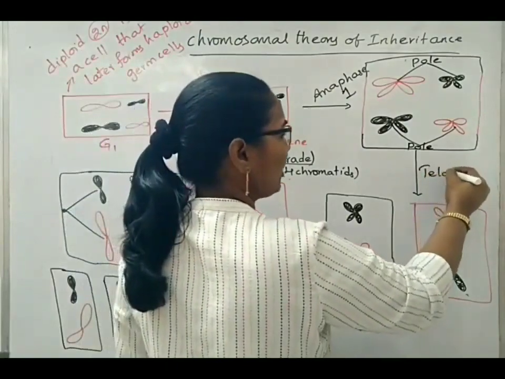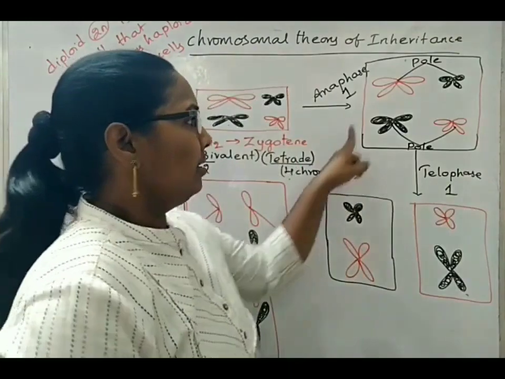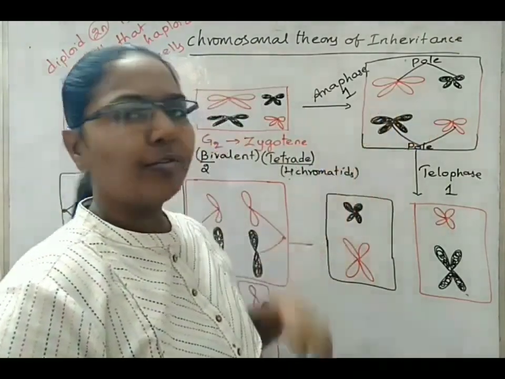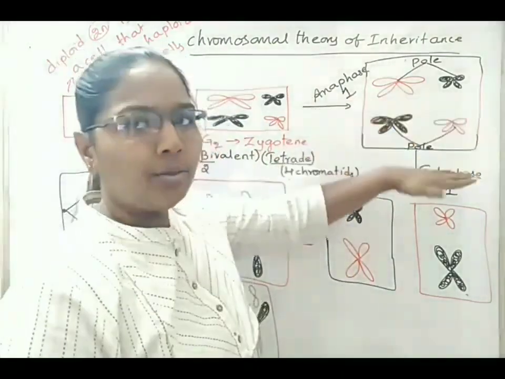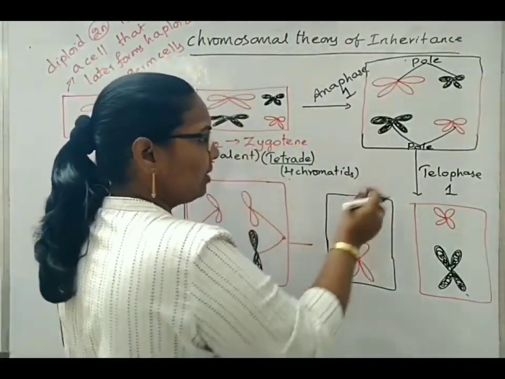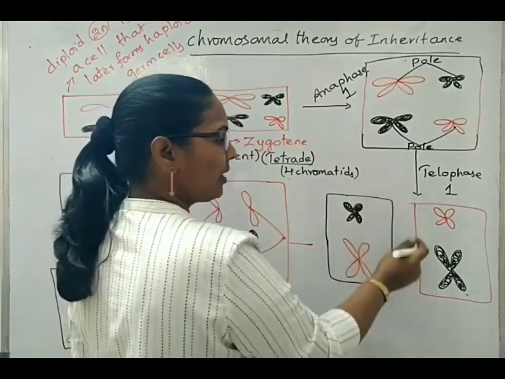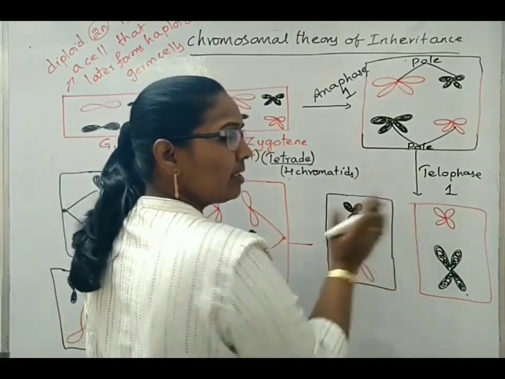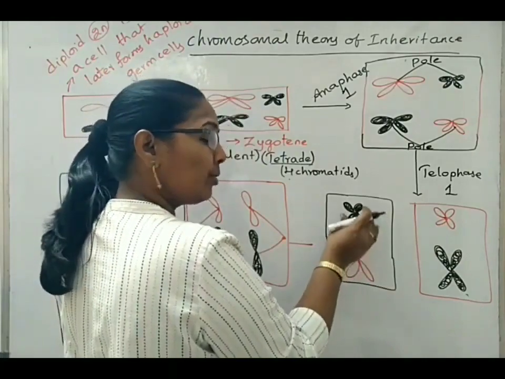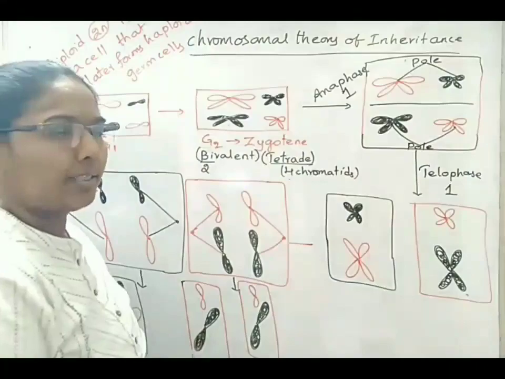Next, in telophase 1, there will be division of the cell into 2 different baby cells. This is just the finishing of meiosis 1. So after telophase 1, we are getting 2 different cells that have attained 2 different types of chromosomes according to this diagrammatic representation.